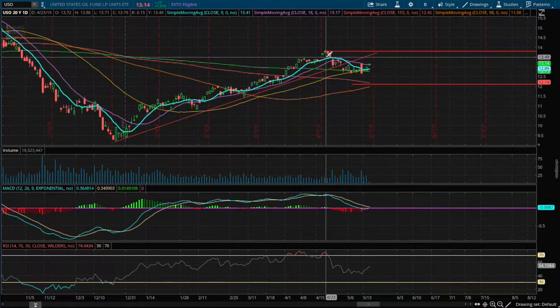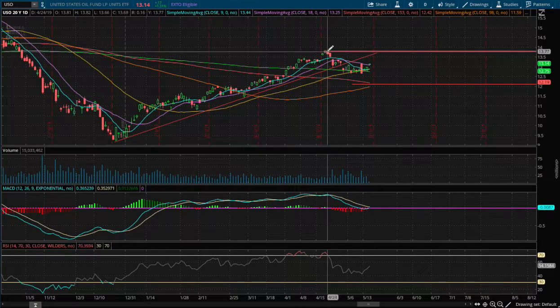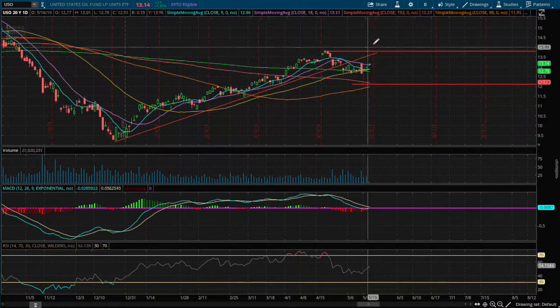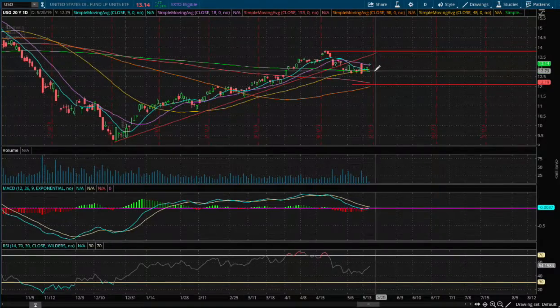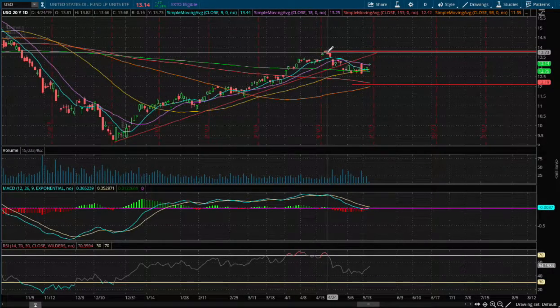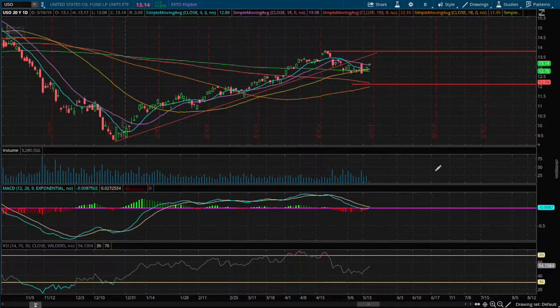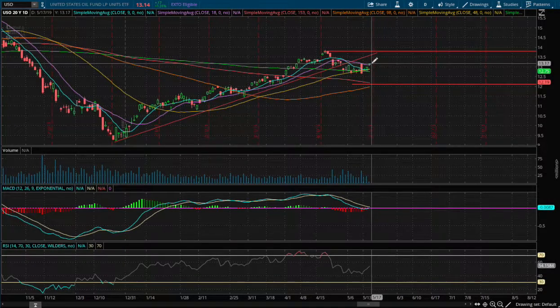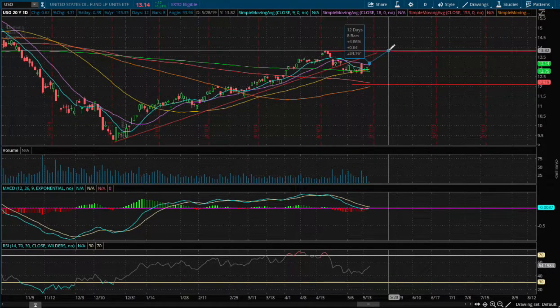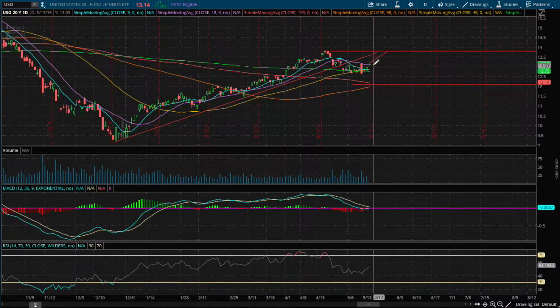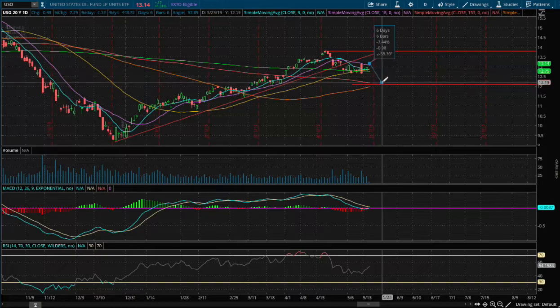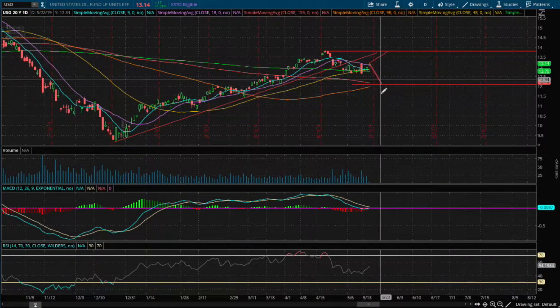That indicates the uptrend is no longer there, but that doesn't mean we won't meet back here again. If we were to move up higher, that price movement will be approximately a 4.7% move up, and if we were to move down, that price movement will be about an 8% move down.